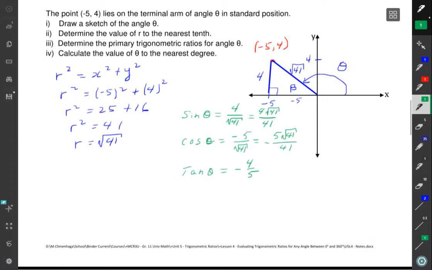Finally, part C says, calculate the value of theta to the nearest degree. Now remember, these ratios are all from the same triangle, so theta is the same in each of these. So it does not matter which ratio we use. I'm going to use tan theta so I can work with the minus 4 over 5 instead of a radical.